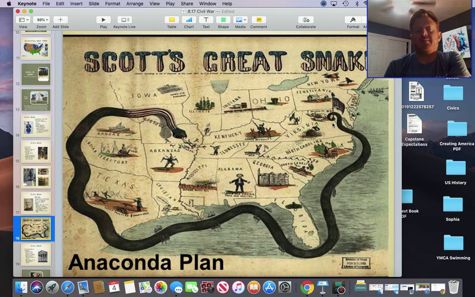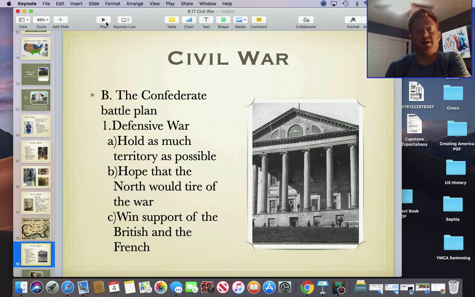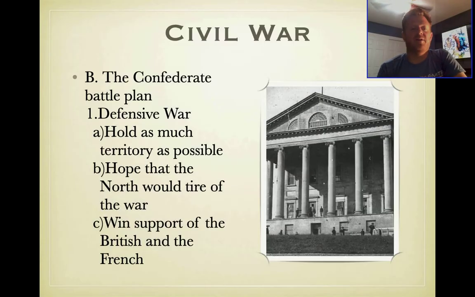Now, the South, they have their own battle plan, and I used to make fun of this battle plan quite a bit. It's actually the exact same as George Washington's battle plan during the Revolutionary War. Number one, hold as much territory as possible. Number two, hope the North gets sick of the war and just quits.